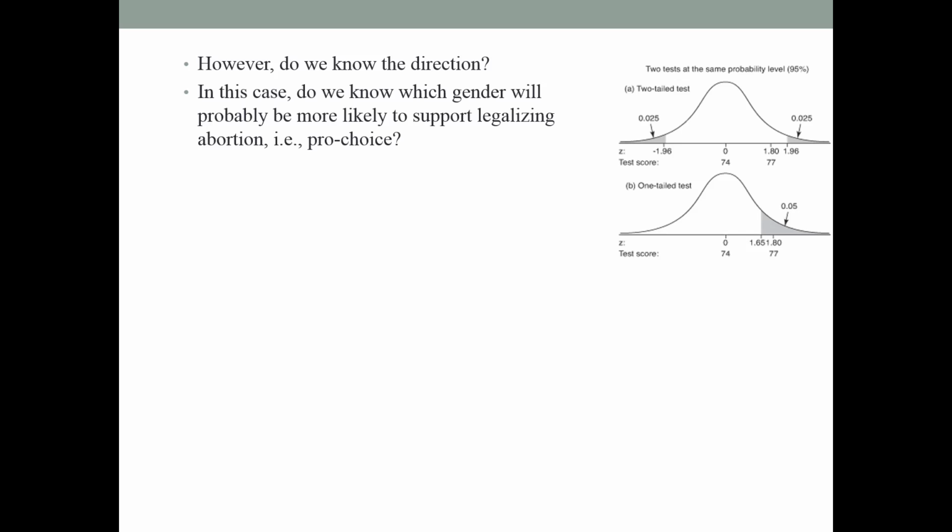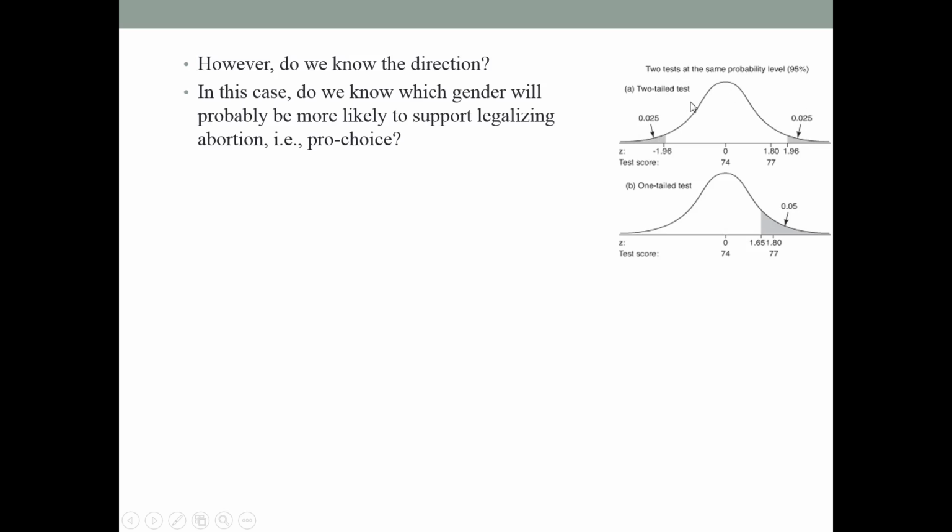Now, remember this is 5%. In this 5%, we don't know which direction, either this way or this way. So we need to split this 5% in half. So this critical region covers one end with 2.5%, and this end covers 2.5%. So we cover both, in total 5%, right?